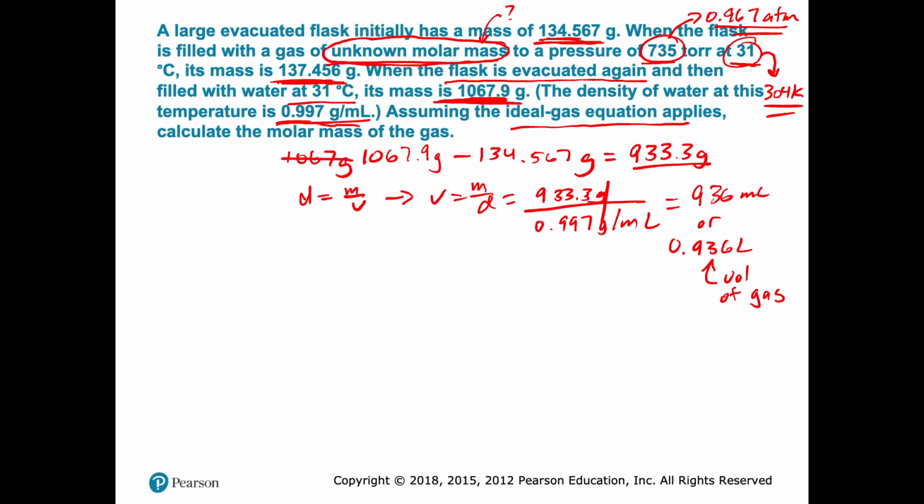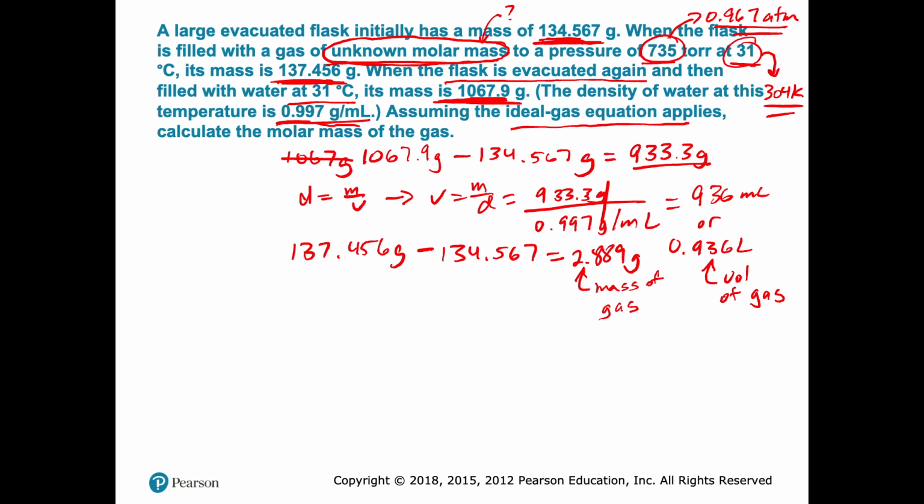Subtract those two: 137.456 grams minus 134.567 grams gives us 2.889 grams. That's the mass of the gas.